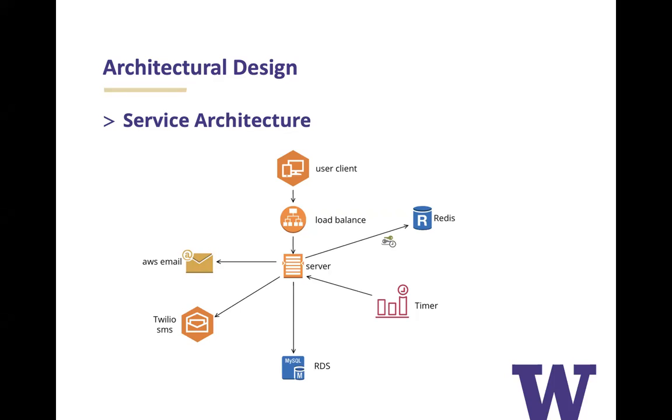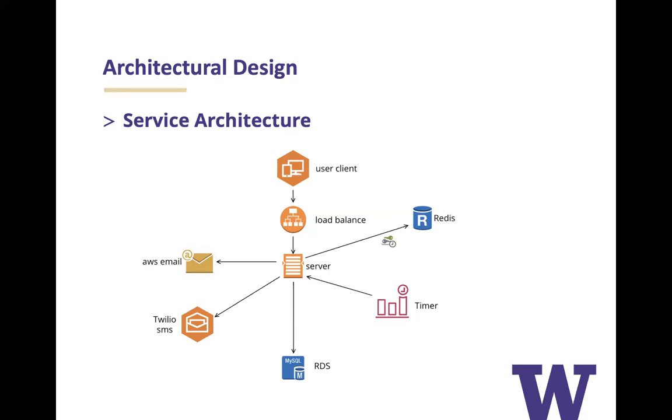The token is carried in the header of the request. And then the server may connect to MySQL to query data and do some calculation. Typically, the server will respond with the result to the load balancer and then to the front-end client.